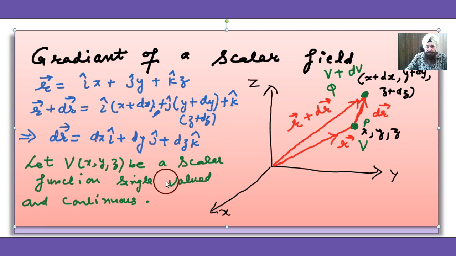Let us consider any quantity like a potential, which is a scalar quantity, single valued and continuous. The potential has value V here, and here it has value V plus dV, the small increase in potential at point Q.